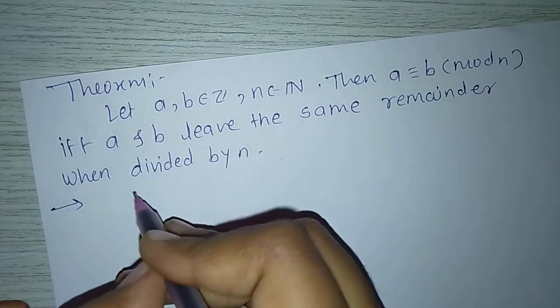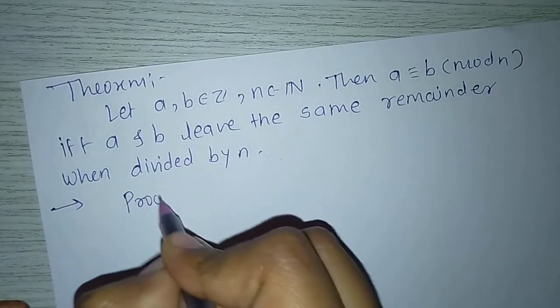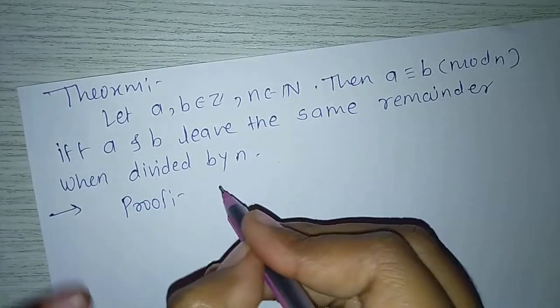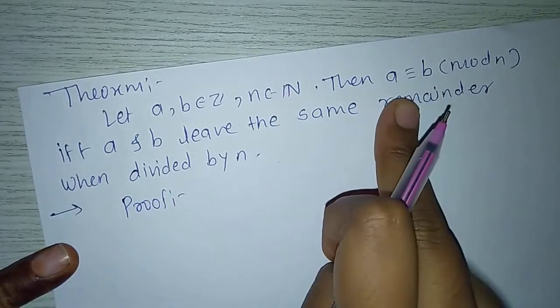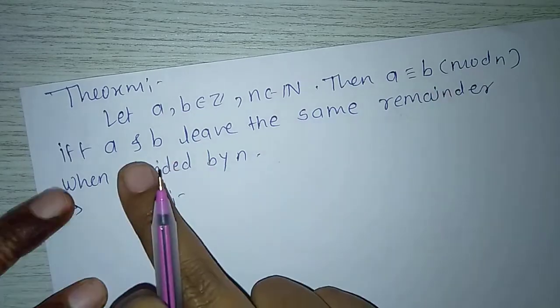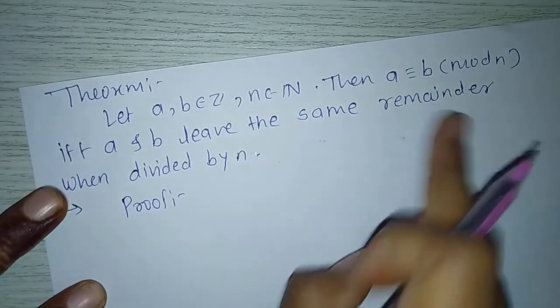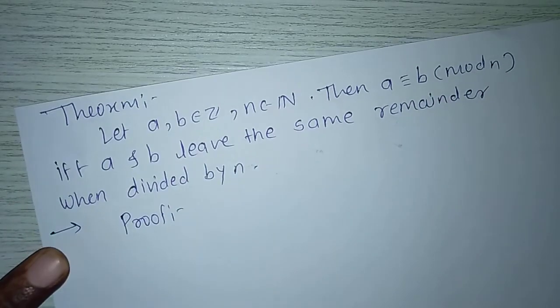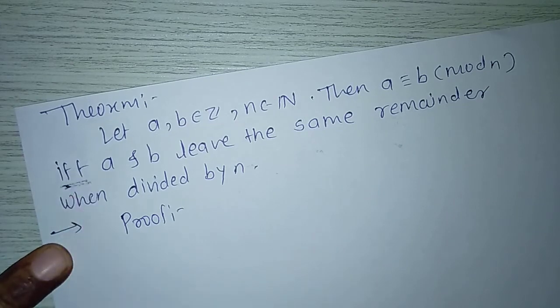Proof. Given a is congruent to b modulo n, to show that a and b leave the same remainder when divided by n. This statement is in the form of if and only if.